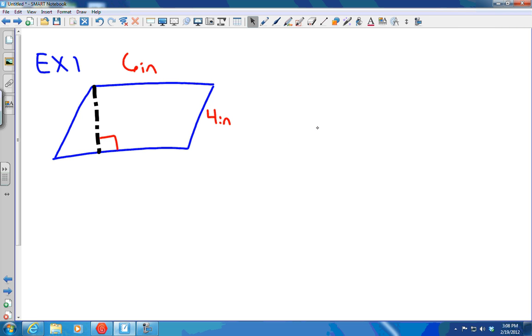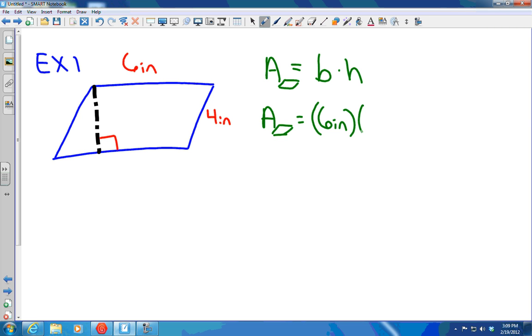All right, so let's look at our formula for the area of a parallelogram. Area of a parallelogram is base times height, just like a rectangle. So the area of this parallelogram will equal base 6 inches times height 4 inches.